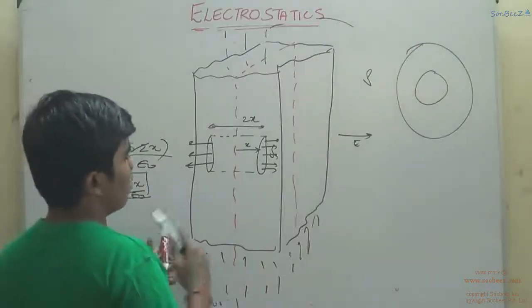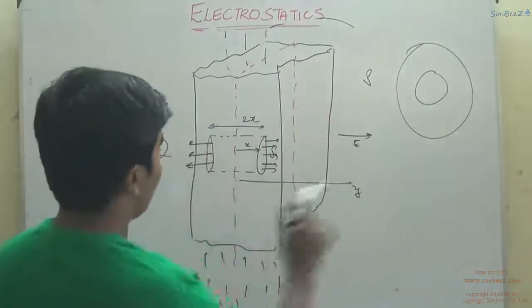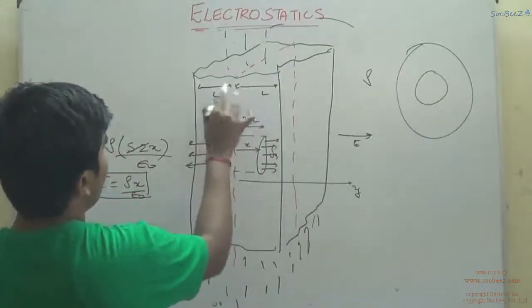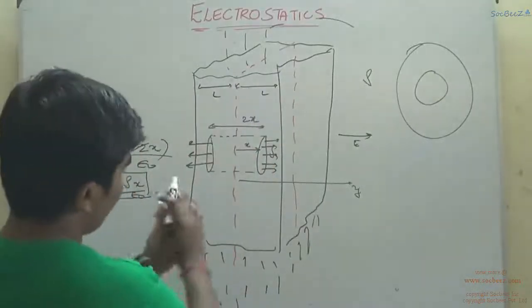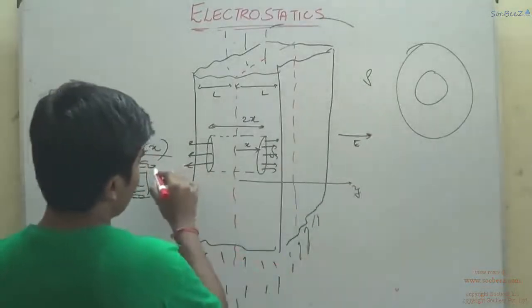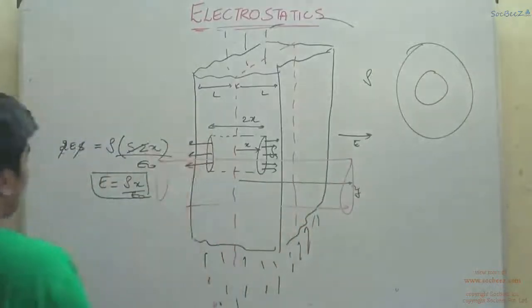Now consider we need to find the same thing at a distance y outside. Let this be L and this be L. So we need to find the electric field at a distance outside. Again we consider another cylinder of length 2y.